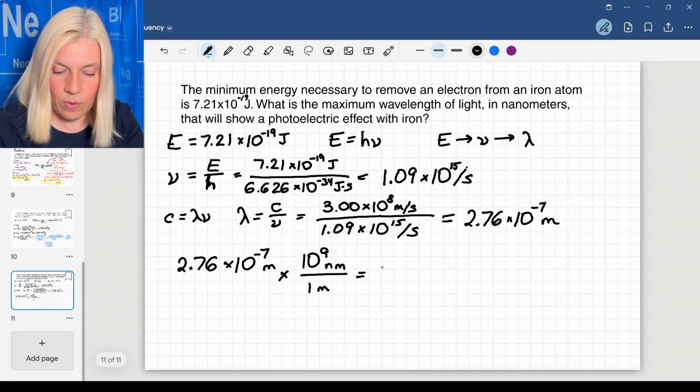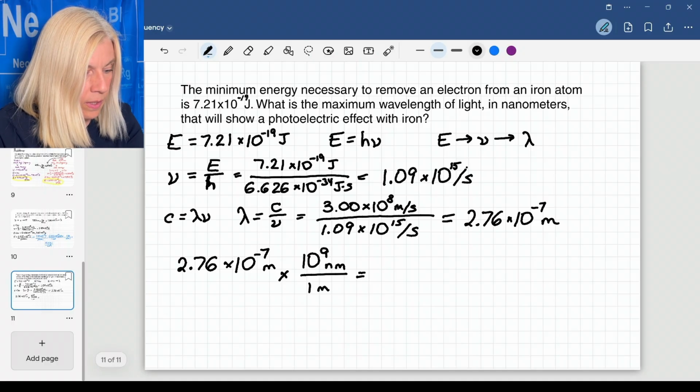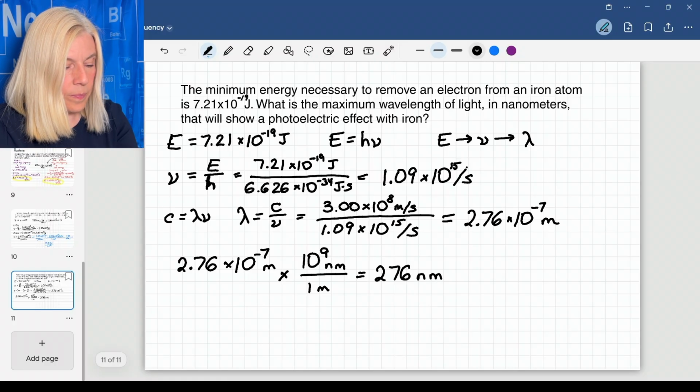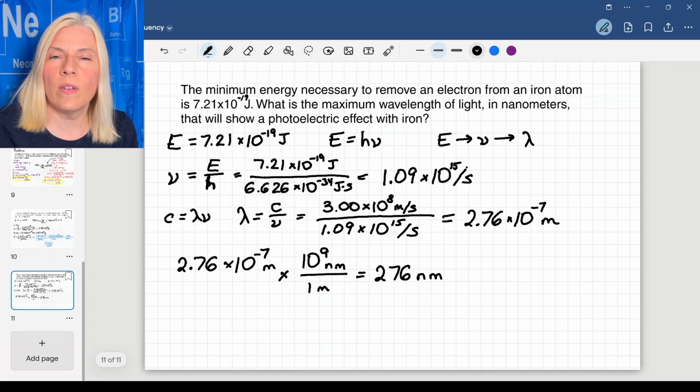So this will equal like 275.76 nanometers.